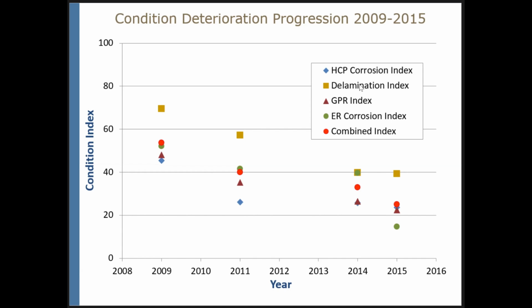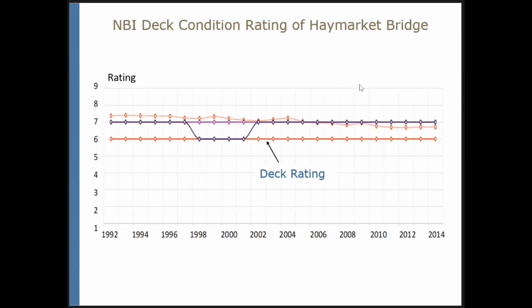And just to compare, what is the practice? The practice for most bridge owners is to use just visual inspection and evaluate, for example, what is described here, the condition rating of the bridge.